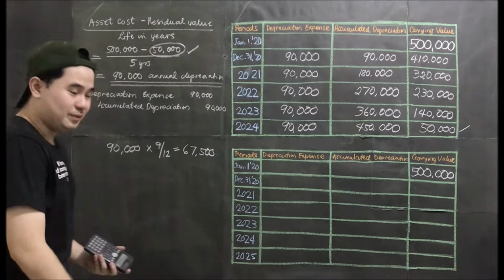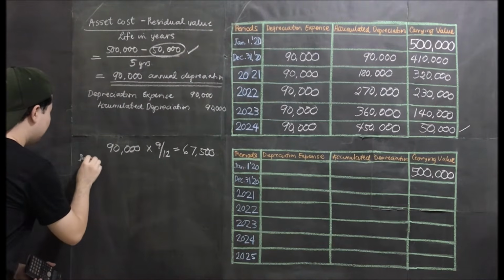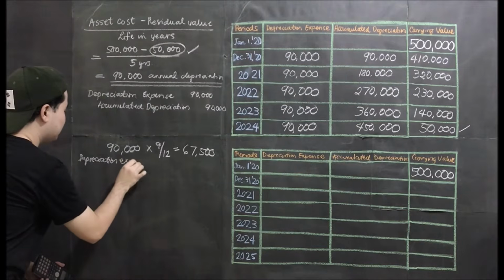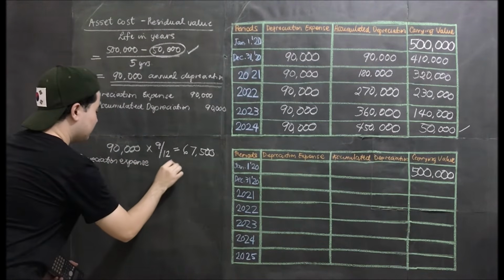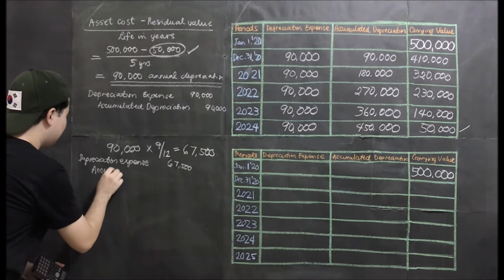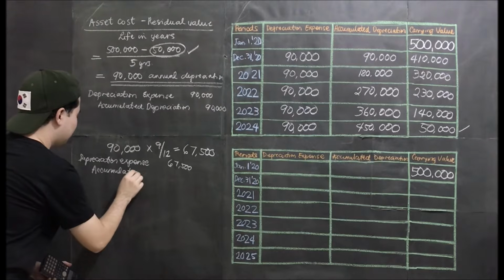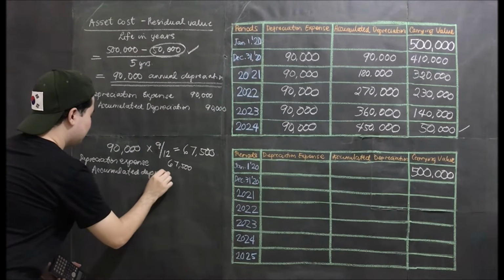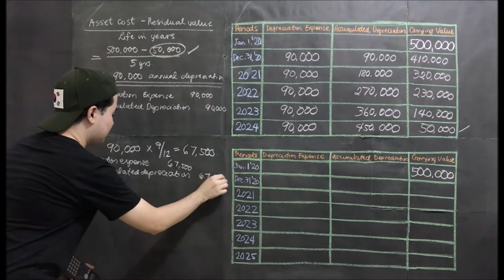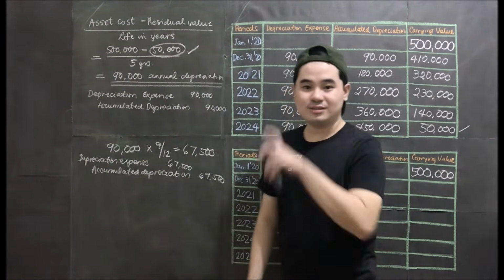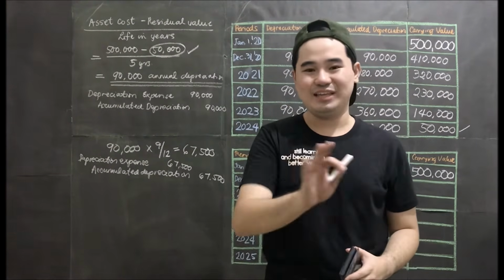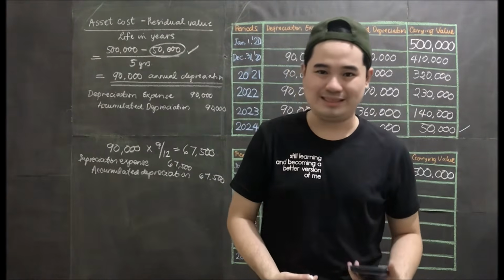Okay, so your entry would be... So this will be your adjusting entry on December 31, 2020. Only 67,500 kasi 9 months lang siya nagamit noong 2020.